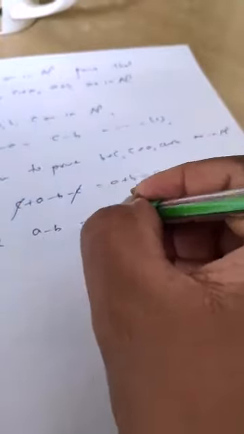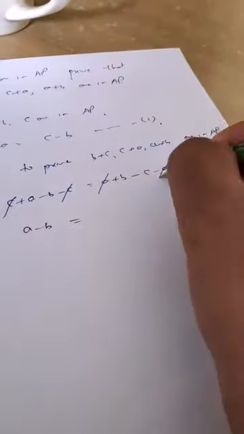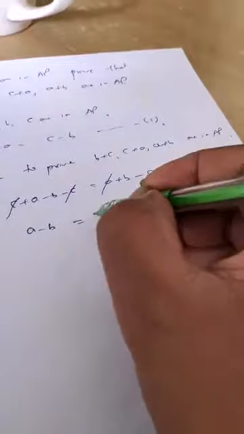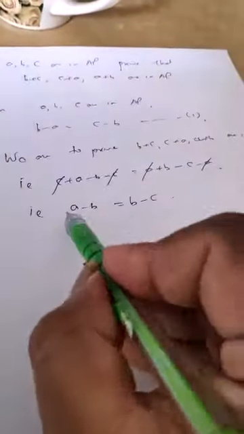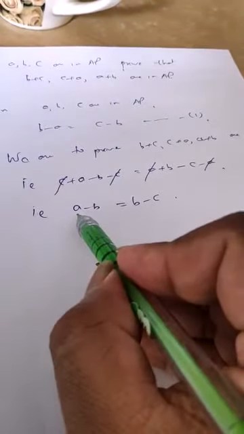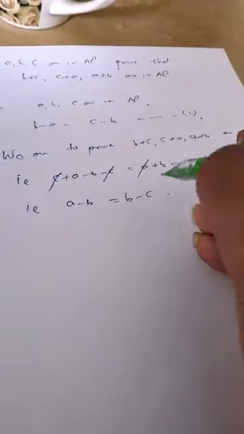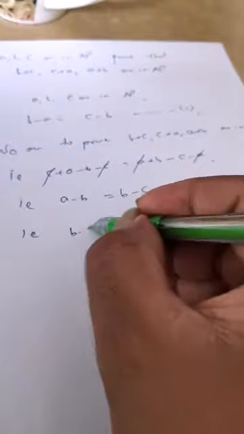That is, C plus A minus B minus C equals A plus B minus C minus A. C cancels. That is, A minus B, A cancels, equals B minus C. Multiply both sides by minus.